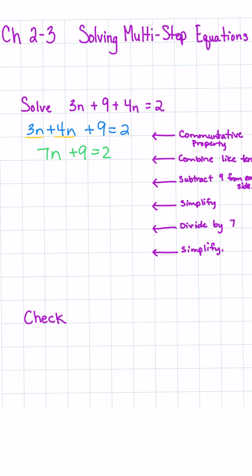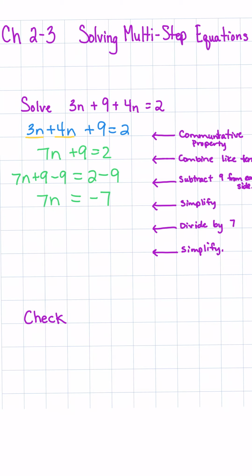Now we're going to subtract 9 from each side. It's the opposite of adding. So we have 7n plus 9 minus 9. Whatever you do to that side, you do to this side: 2 minus 9. Simplify. The 9 minus 9 equals 0, so we're left with 7n equals 2 minus 9, which is negative 7.